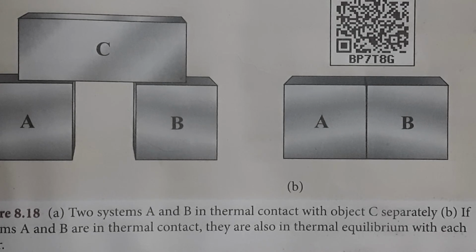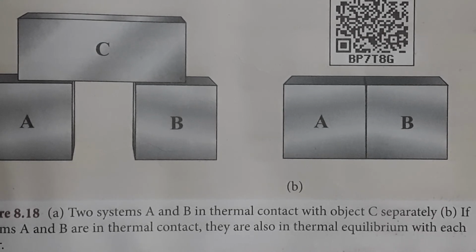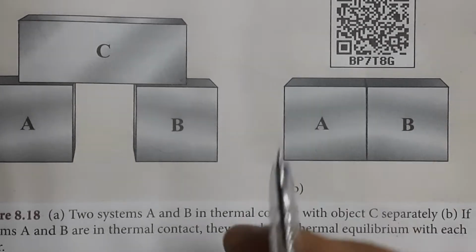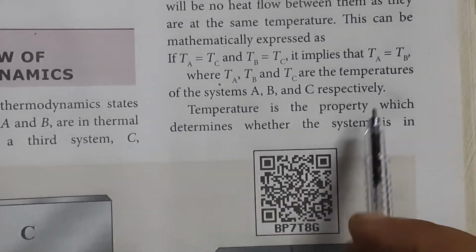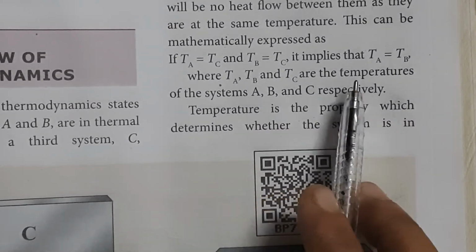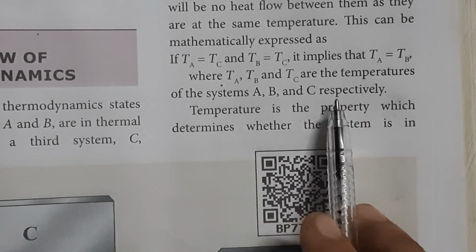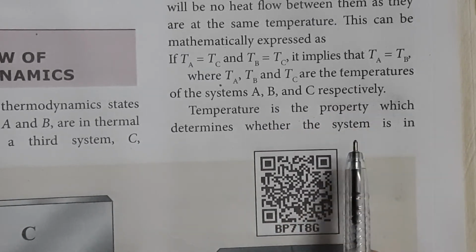Once the three systems are in thermal equilibrium, there will not be any heat flow between them. They will be at the same temperature. That means we can write TA equals TC and TB equals TC. It implies that TA equals TB, where TA, TB, TC are the temperatures of the systems A, B and C respectively.